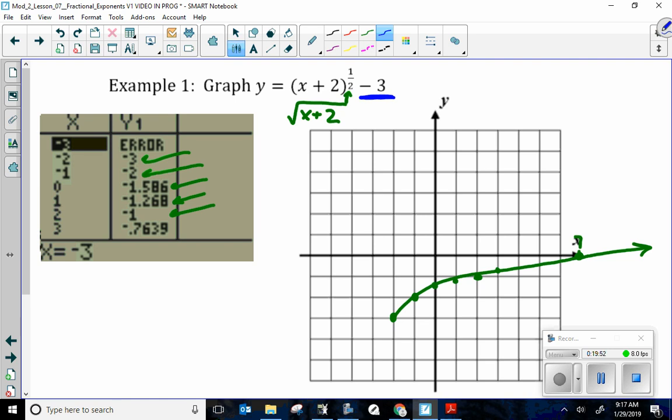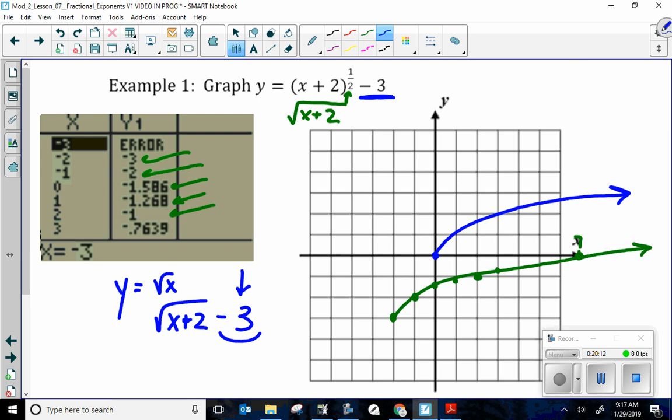Let's talk about movement again as a review. If I graph y equals radical x, it looks something like this. But once I say (x plus 2) minus 3, this means I'm moving down 3, and inside it's the opposite, so I'm moving left 2.